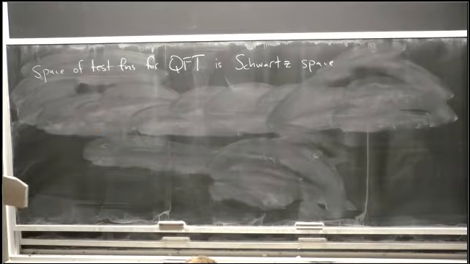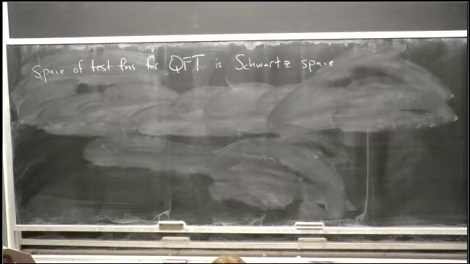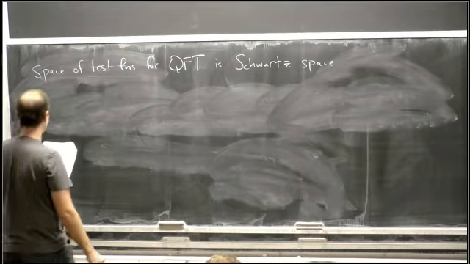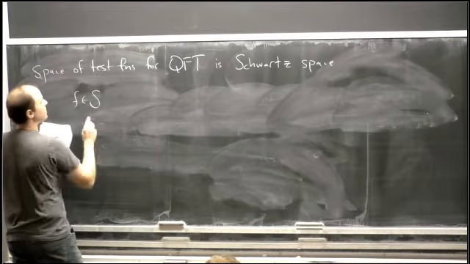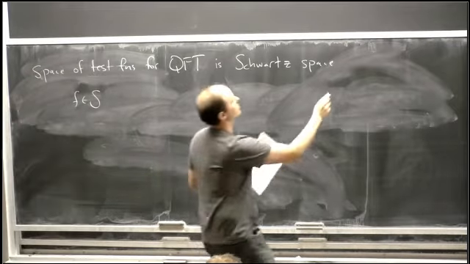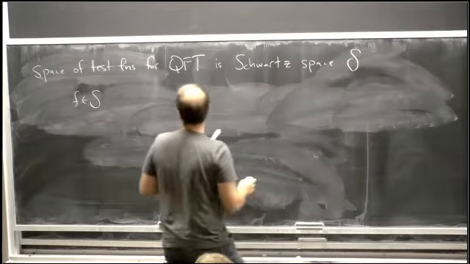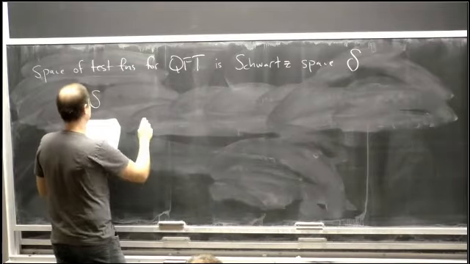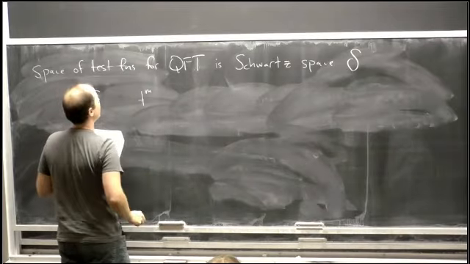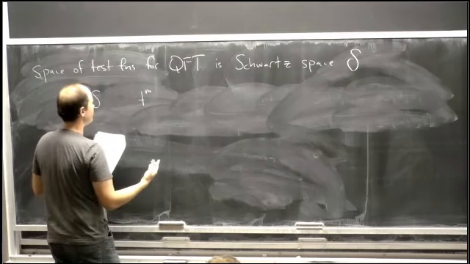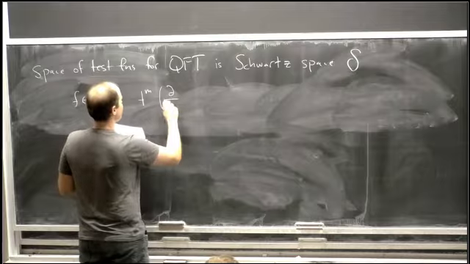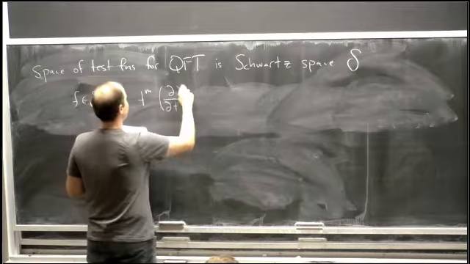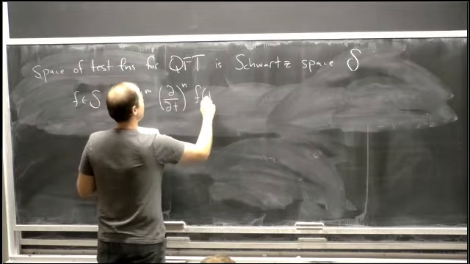And Schwartz functions are basically functions that are as nice as you could possibly ask for. So the definition of a Schwartz function: I'll call the Schwartz space fancy S. A function is in the Schwartz space if it decays faster than any polynomial at infinity, and furthermore, all its derivatives decay faster than any polynomial at infinity.